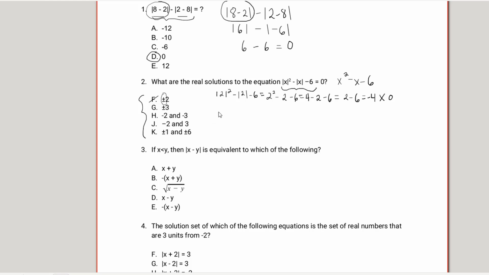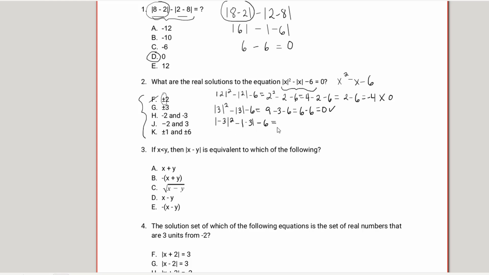So let's just move on to G, and let's begin with plugging in positive 3 everywhere there's an x. We're going to end up with 9 minus 3 minus 6, and that is 6 minus 6, which is 0. So far that works. We have to try negative 3. And if you'll notice, as we plug in a negative 3 everywhere there's an x, it's within an absolute value.